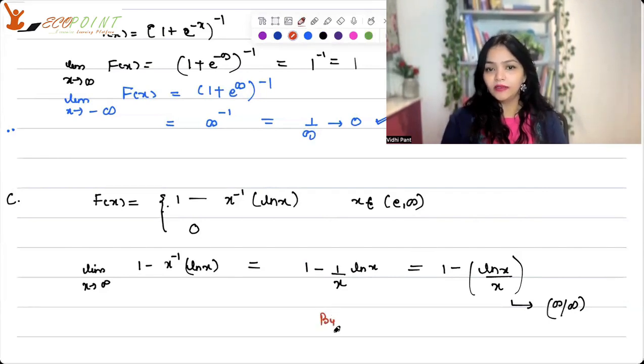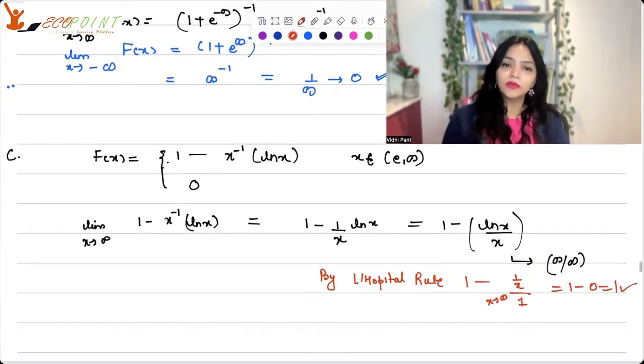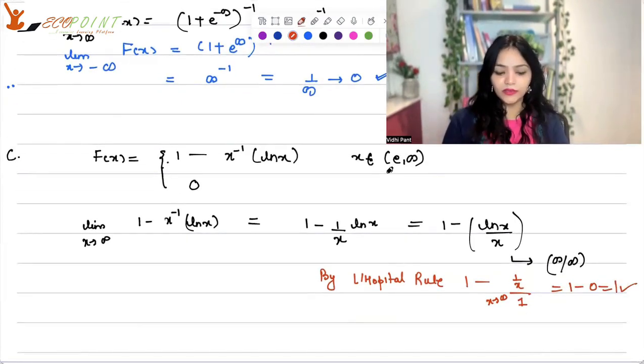So by that is L'Hopital rule for indeterminate forms, and you will get this limit is basically 1 minus, differentiate numerator and denominator, and now put the limit. So it's 1 minus 0, that is 1. So it is turning out to be 1 as your x tends to infinity.